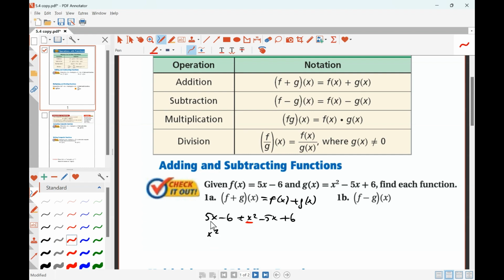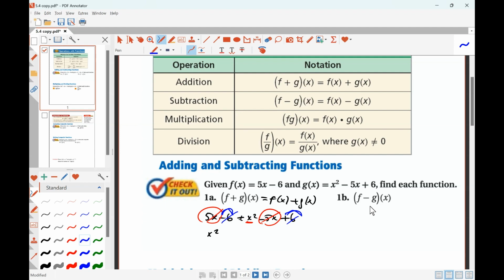And we have 5x minus 5x. You can combine them. 5x minus 5x makes 0. They will cancel each other. And we have negative 6 here and positive 6 here. Combine them. They will also cancel each other. So we are left with x squared.